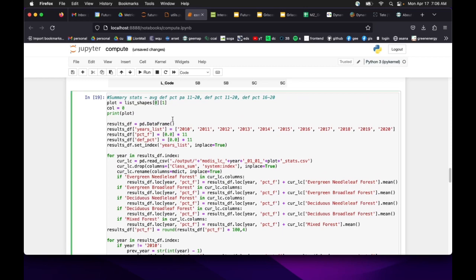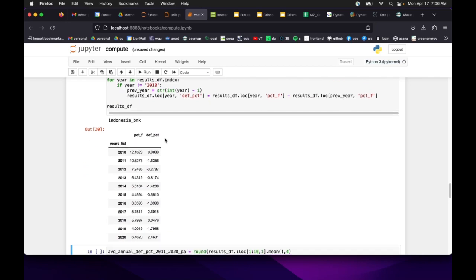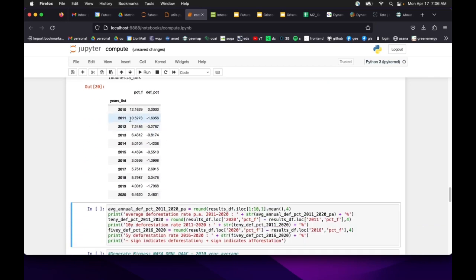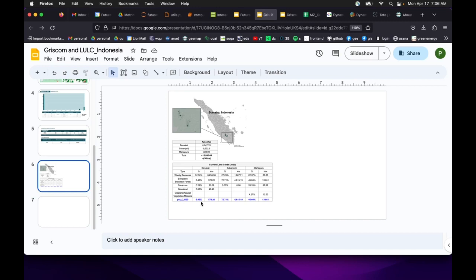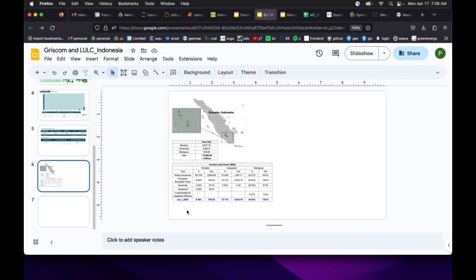Just to corroborate, I'm going to go and generate this now for Benakat. Average percentage forest 2020 was 6.46. Does that corroborate to what we have here? Yes, it does. So it is actually computing the average, and that is what we should consider.